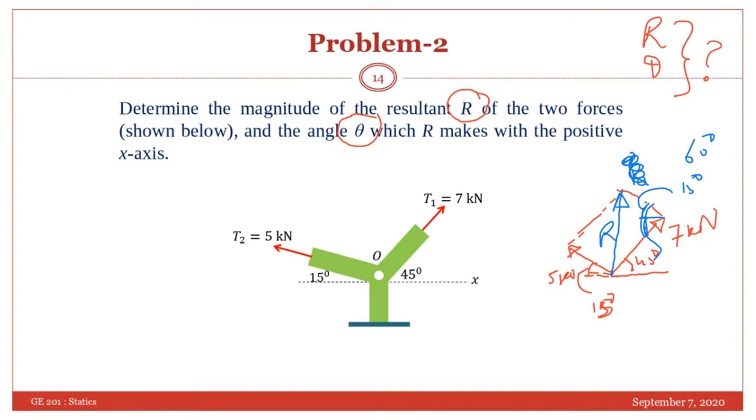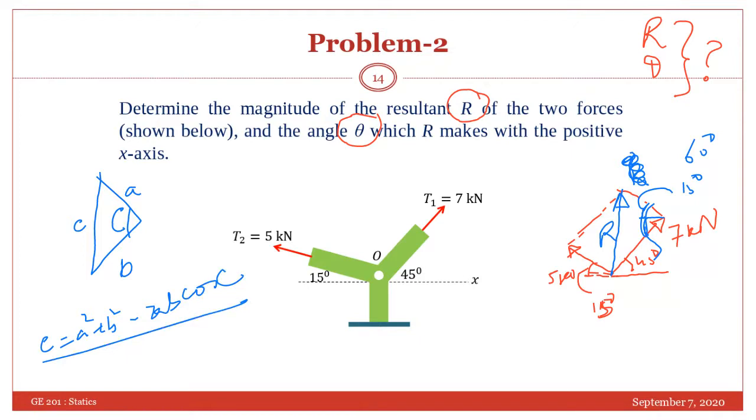As you remember the cosine law, if this is capital C and this is small c, A and B are known to you. This length will represent the 5 kilonewton, this is 7 kilonewton. The opposite angle is also known to you, that is 60 degree. So you can apply 7 square plus 5 square minus 2 into 7 into 5 into cos 60. So you will get the value of R.